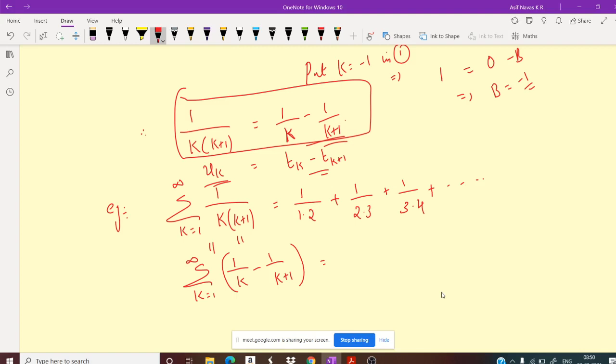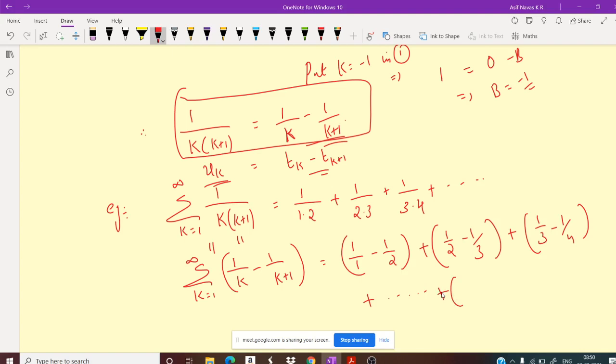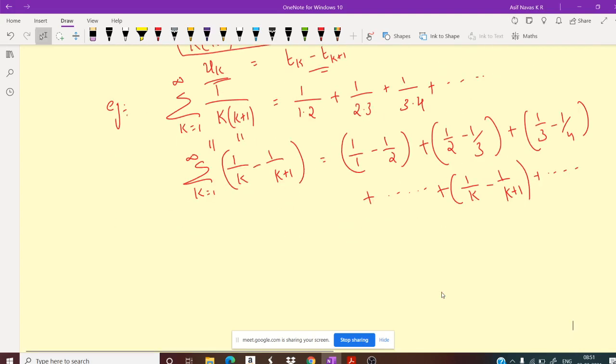I can write this as 1 by 1 minus 1 by 2 plus 1 by 2 minus 1 by 3 plus 1 by 3 minus 1 by 4 plus etc., plus 1 by k minus 1 by k plus 1, plus etc. Yesterday I told you that a series converges if and only if its sequence of partial sums converges.